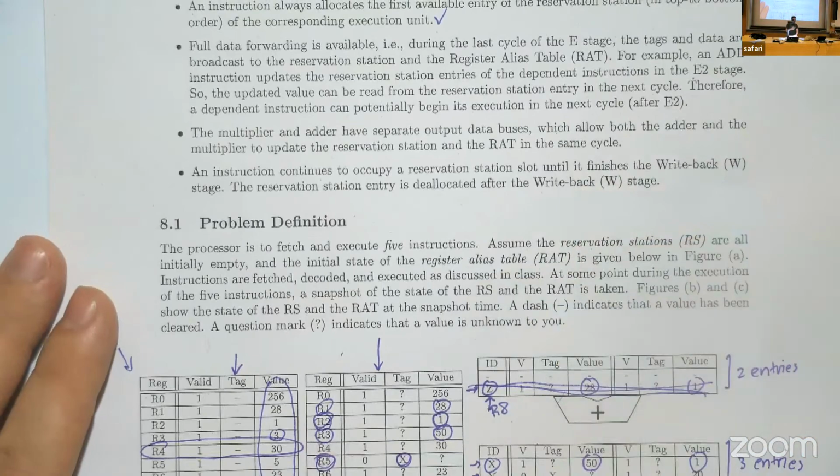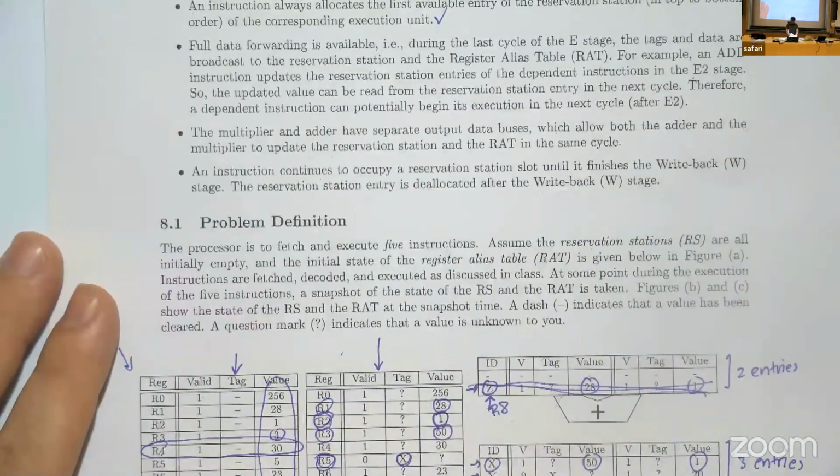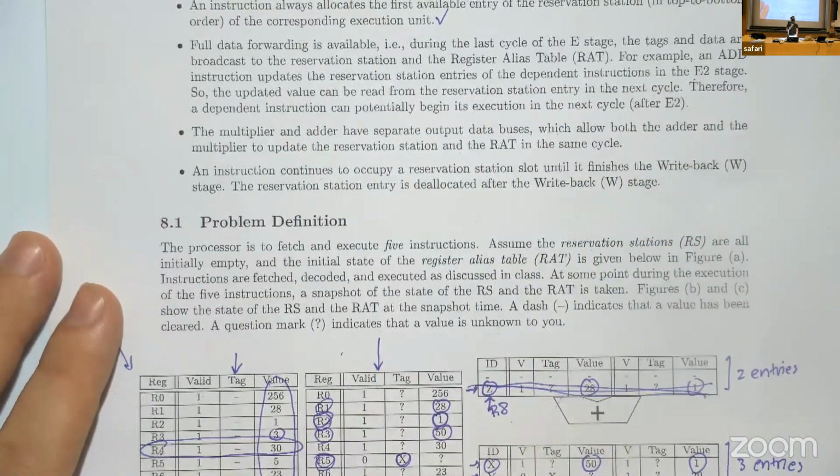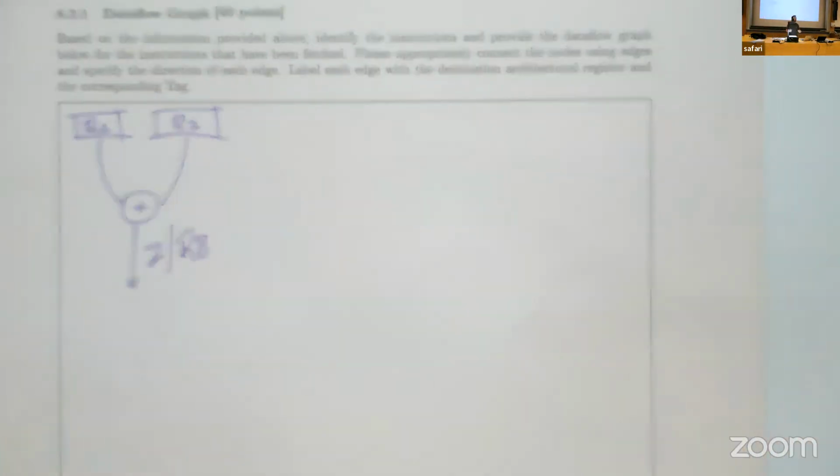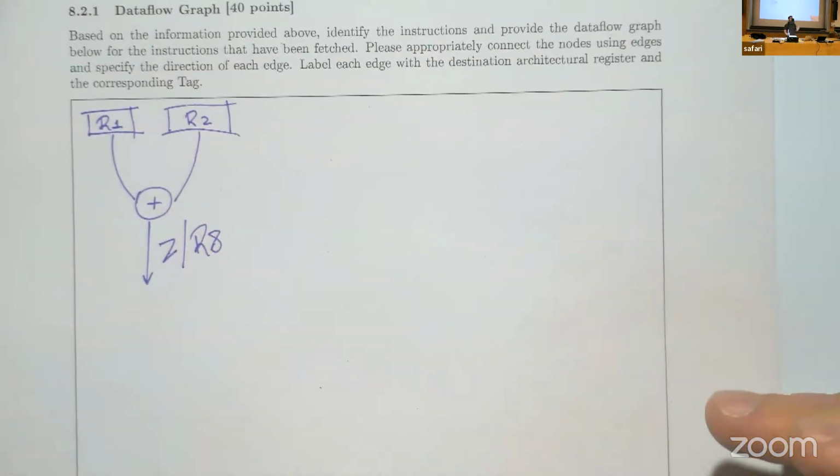So R4 and R7 end up adding and giving the result to R3. So you know that for sure the instruction add R3 from R4 and R7 is the first instruction executed before every other instruction.